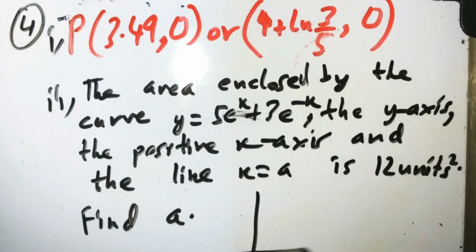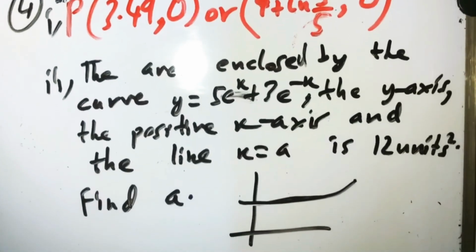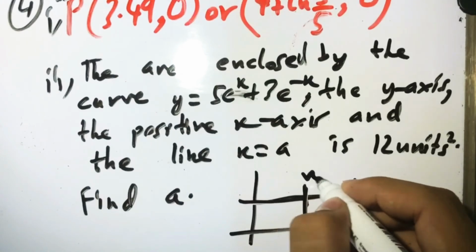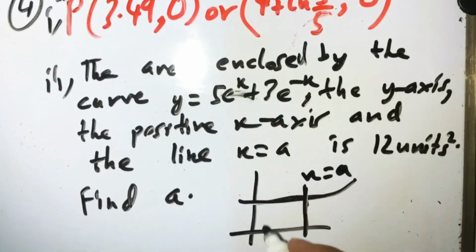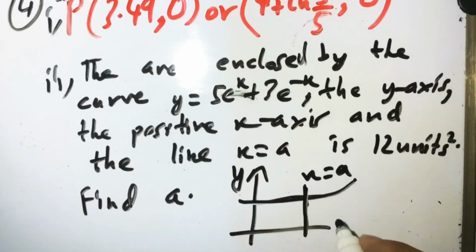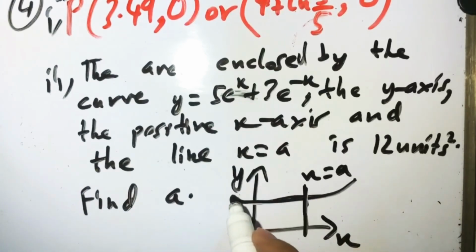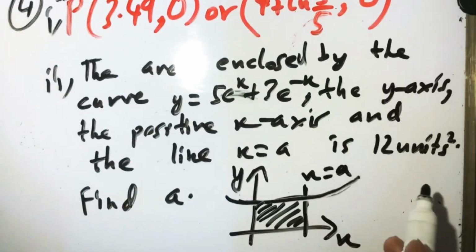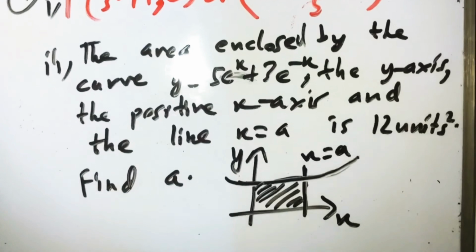This means that if, for example, this is the curve, this is the line x equals a, this is the y-axis, this is the x-axis. So the area enclosed by the curve, the y-axis, the positive x-axis and the line x equals a means this area is 12 units square, and we have to find the value of a.